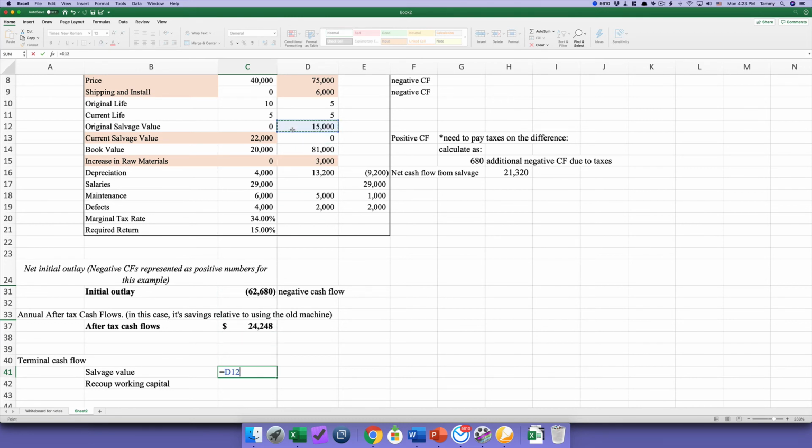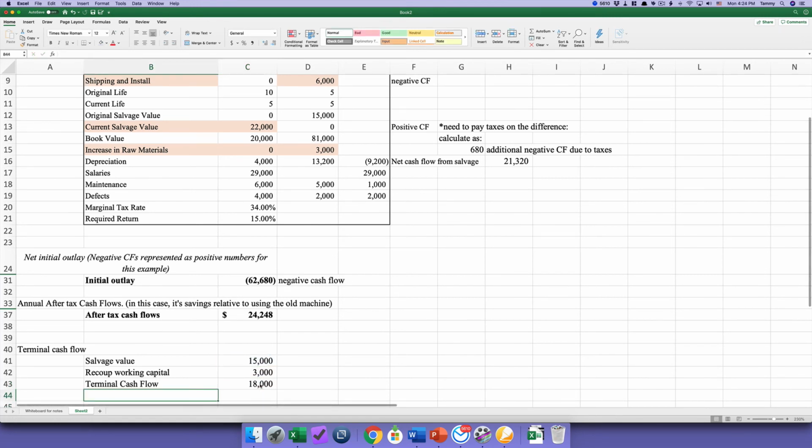Neither the salvage value nor paying back our original increase in raw materials. So our terminal cash flow is simply the sum of these two in this example. Okay. Make that bold.